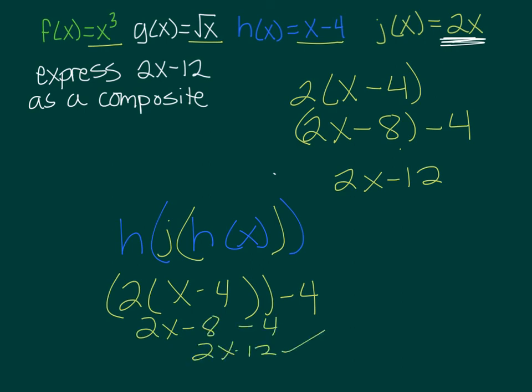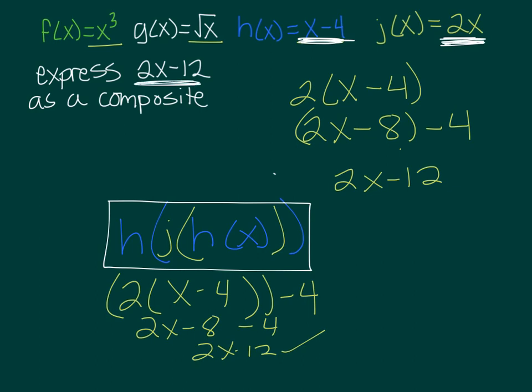That works. So we know it's h of j of h of x. And the domain of that, I can put any x I want in here. I don't have any square roots or even roots or division, so my domain would be all real numbers. Any x is okay for that.